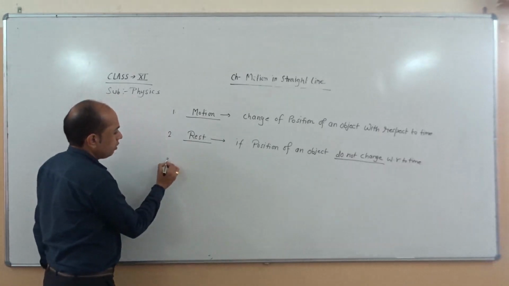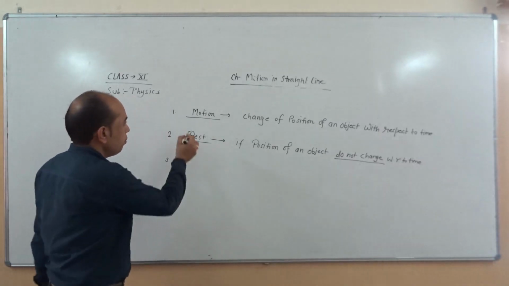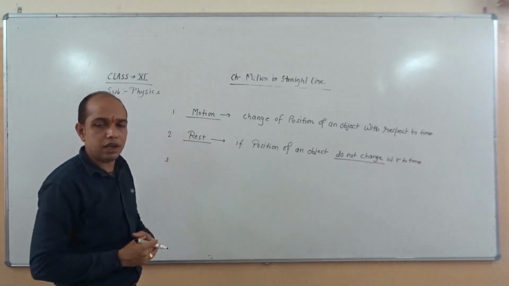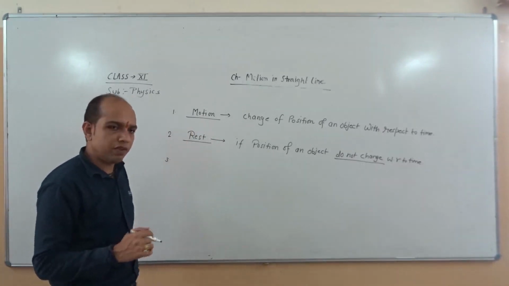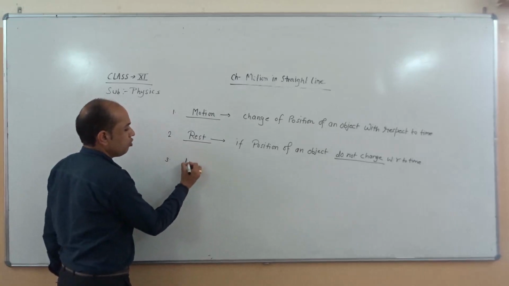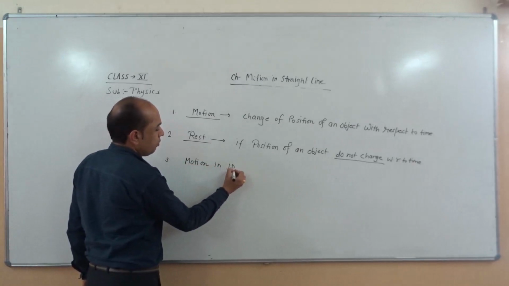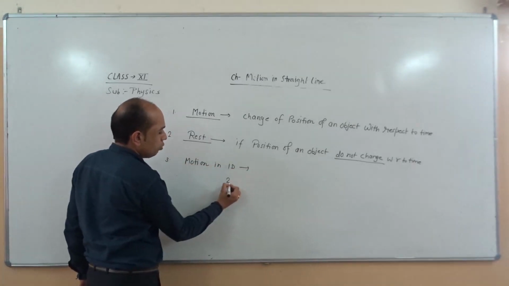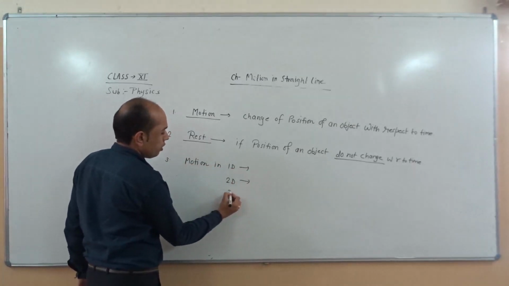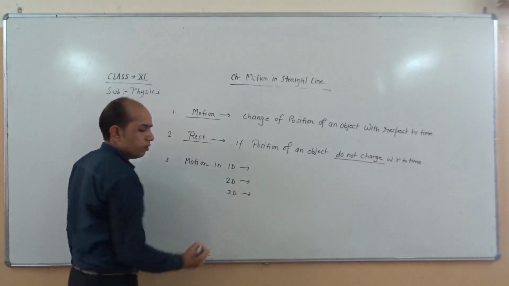Next, motions can be categorized broadly in three parts: motion in one dimension, motion in two dimensions, motion in three dimensions.